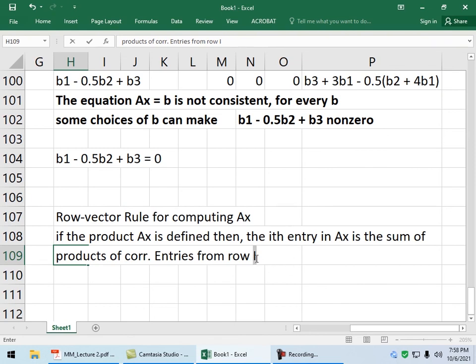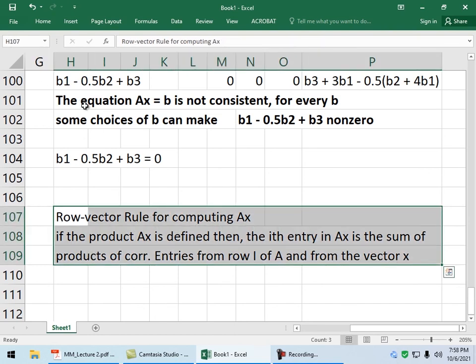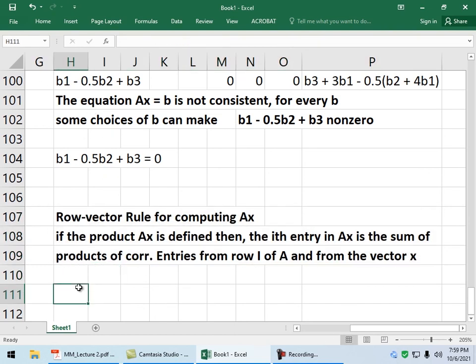So this kind of rule, I explicitly wrote it for you, but actually you'll memorize it as a rule for computing matrices, because you'll do it maybe 100 times and everything will be performed automatically.